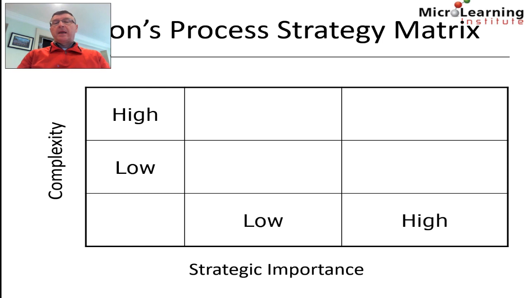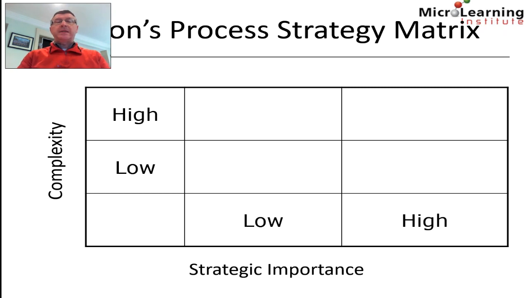So, for example, with regard to strategic importance, if we deem that a process has a high strategic importance, what we're suggesting is that this process is important for the organization to maintain competitive advantage in the competitive environment in the future. However, if the strategic importance is deemed to be low, we deem it to be an unimportant process that's maybe a support process but isn't important in helping the company compete in its competitive environment.